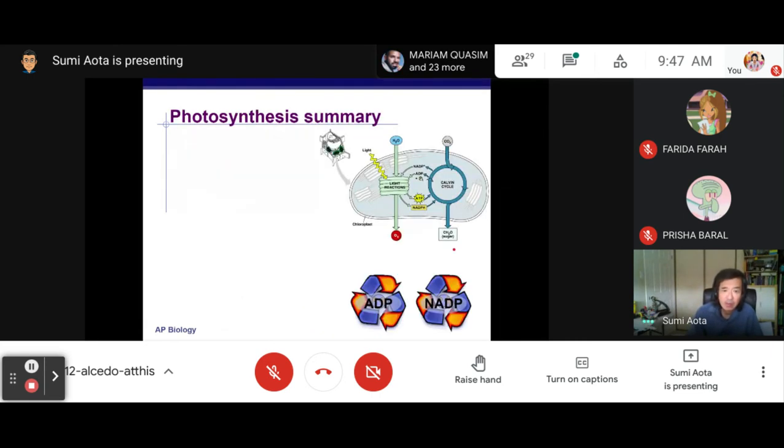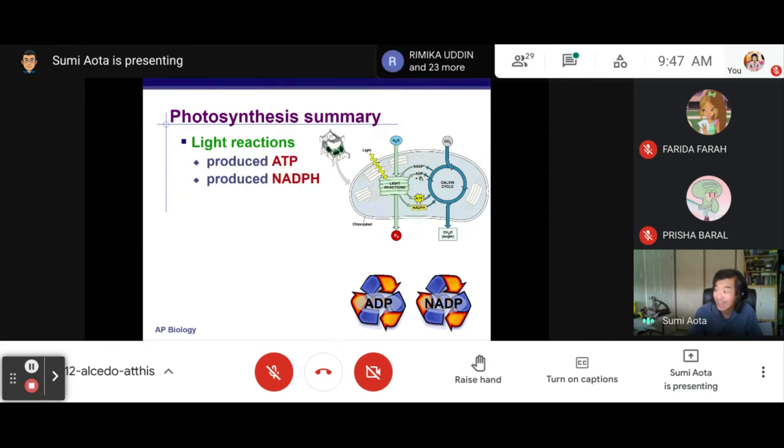Okay, so summary. Light reactions. I'm going to summarize both and then combine it. The light reactions produce ATP and NADPH, consume water, and produce oxygen as a byproduct.